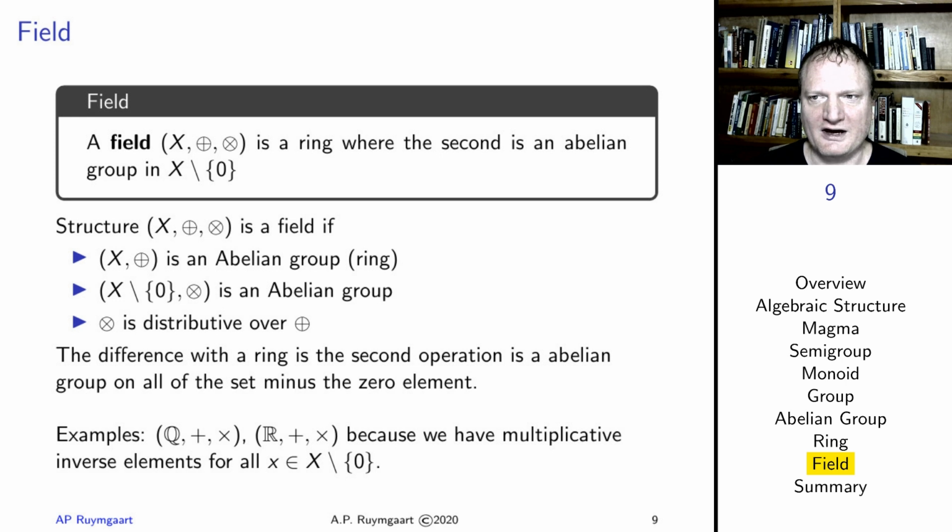And that's because we have additive inverses for all elements in each of the sets, and we have multiplicative inverses for all elements except the zero element. So in both rationals and reals, multiplicative inverses are 1 over x, and those exist for each element except for the zero element. And that means that the rationals and reals are fields under addition and multiplication.